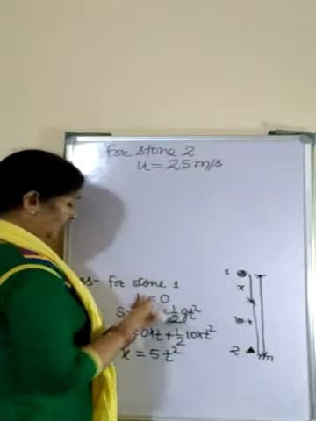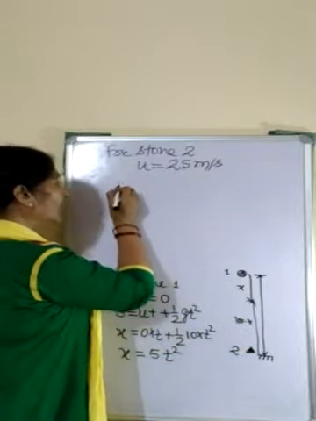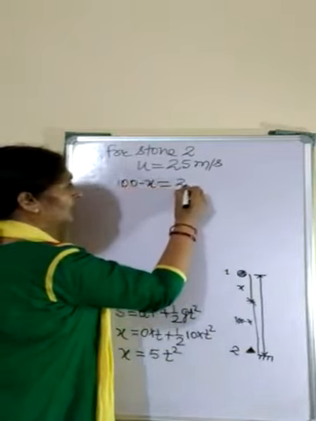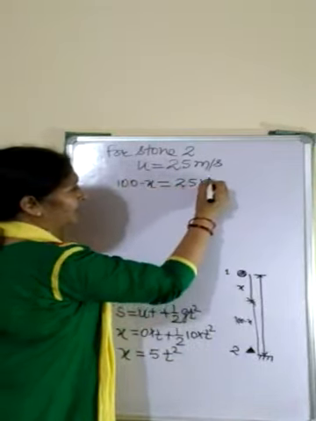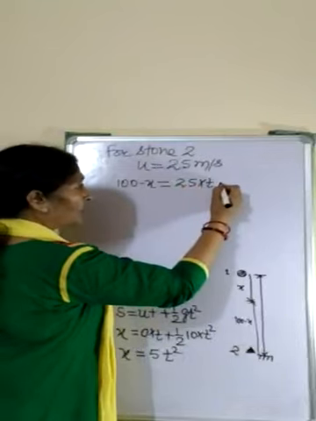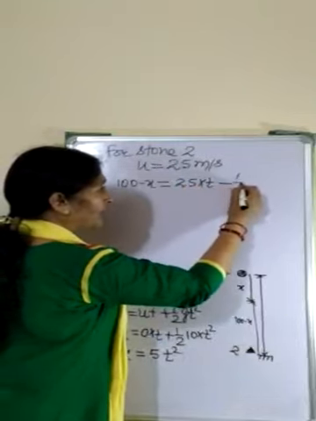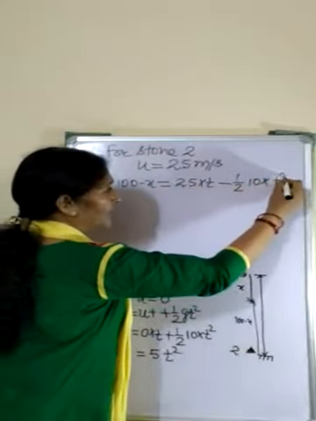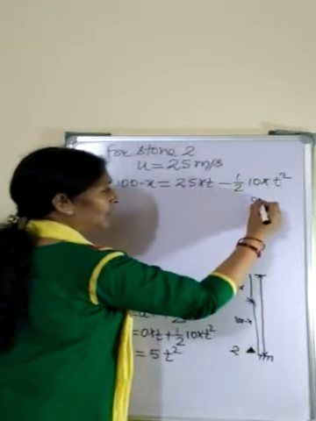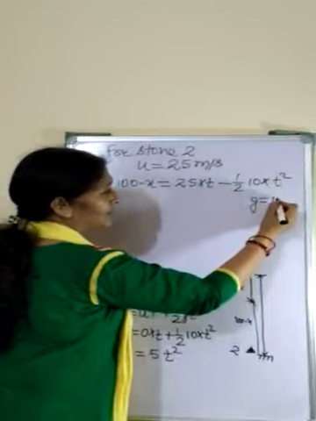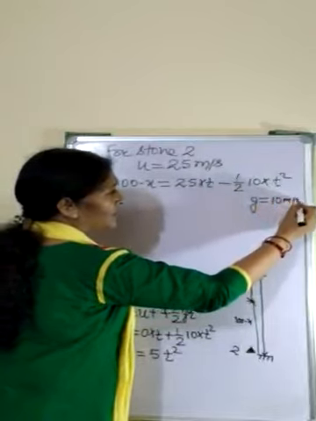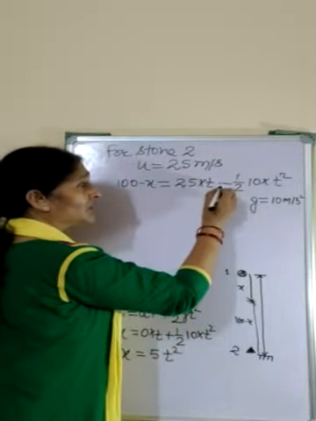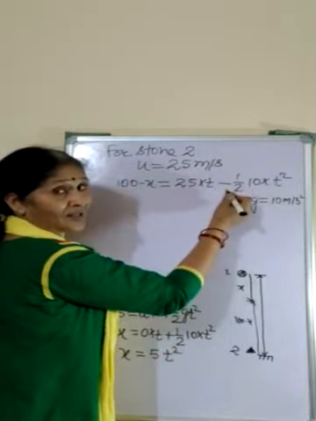Therefore, from this equation, 100 minus x is equal to 25 into t minus half 10 into t square. 10 is the value of acceleration due to gravity, that is 10 meter per second square. Here the stone is going in upward direction, so the negative sign of g is taken here.